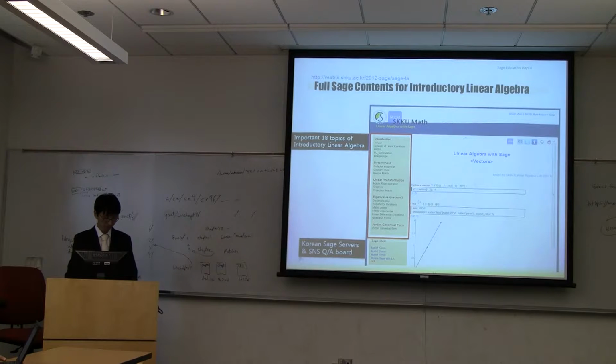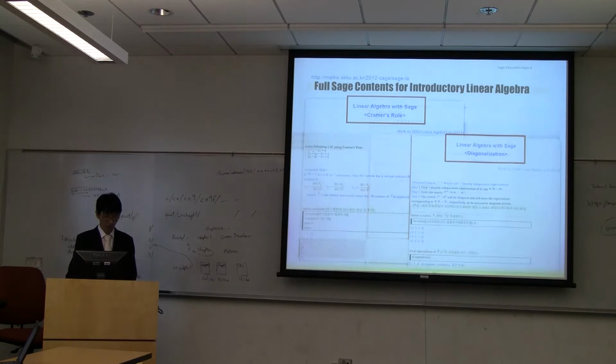Students can learn main concepts of linear algebra using these public instructions and algorithms. For example, the following figures show Sage commands to solve a system of linear equations using Cramer's rule and to diagonalize a matrix. This Sage command was released on this website.